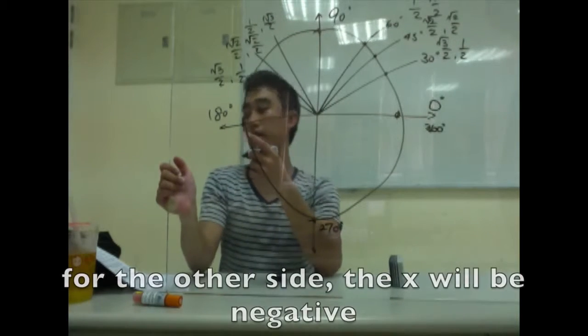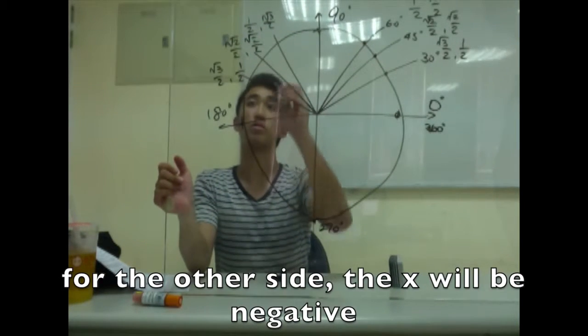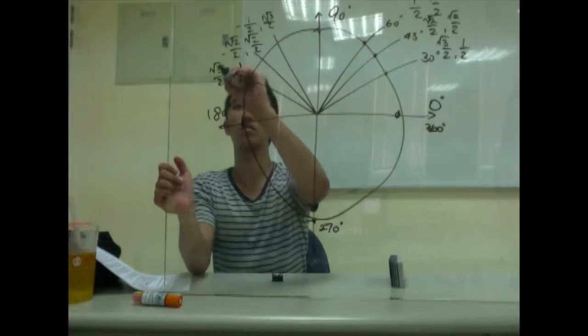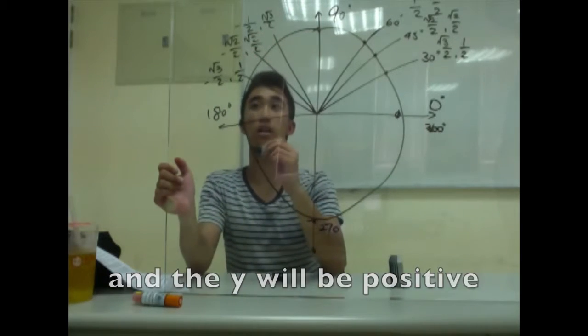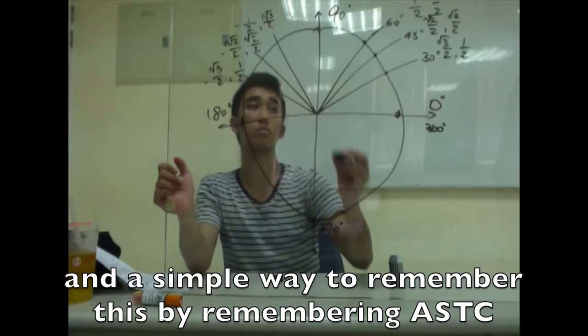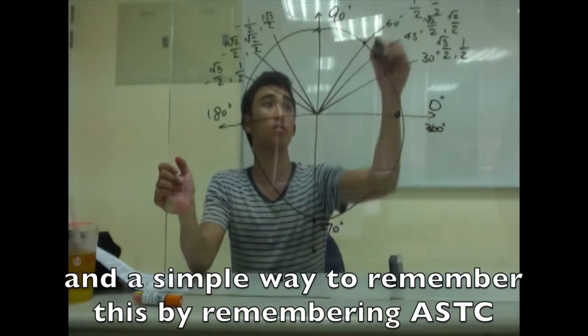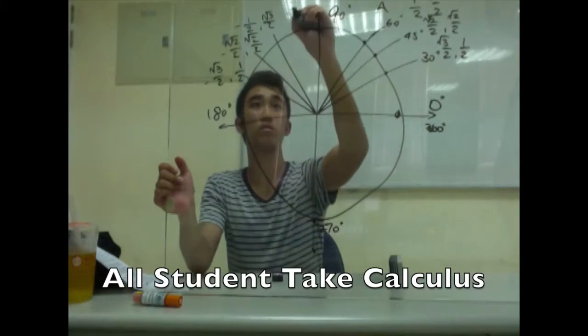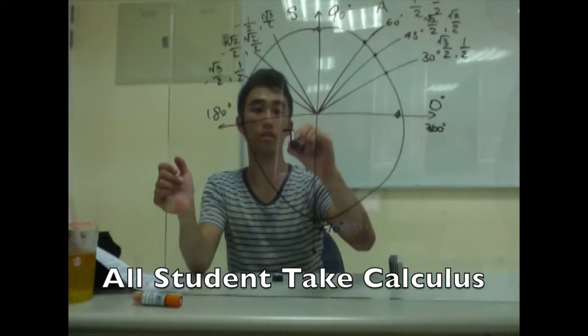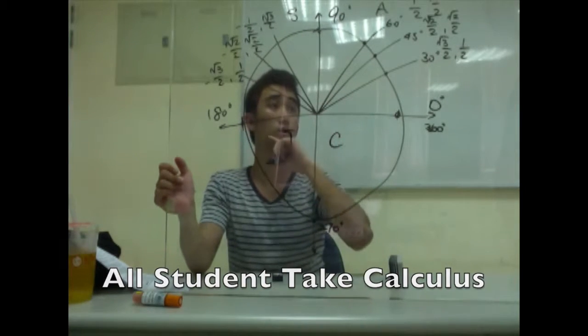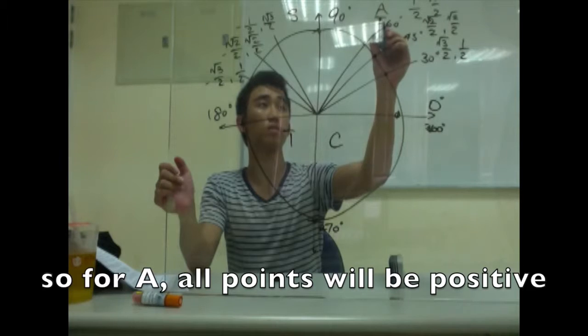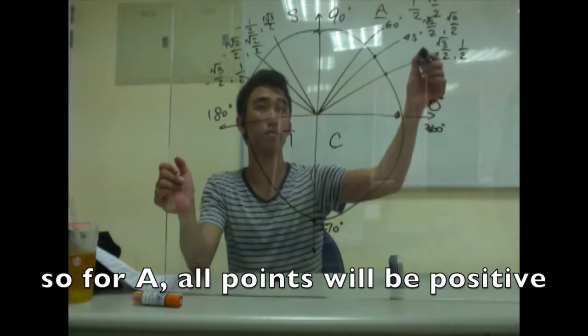For the other side, the x will be negative and the y will be positive. An easy way to remember this is by remembering ASTC, because All Students Take Calculus. For A, all points will be positive.